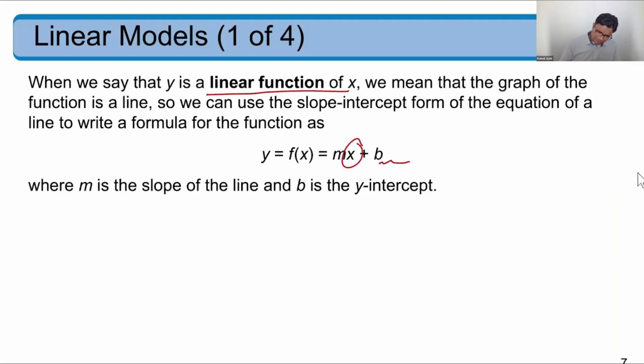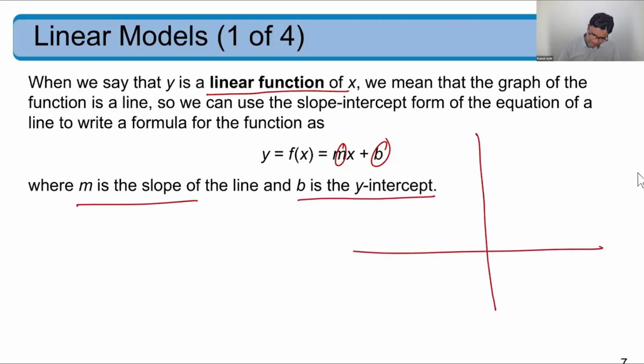And a general linear function can then be written as mx plus b. That m and b come with meaning. M is the slope, b is the y-intercept. That means in a typical graph, the y-intercept (0, b) is here.